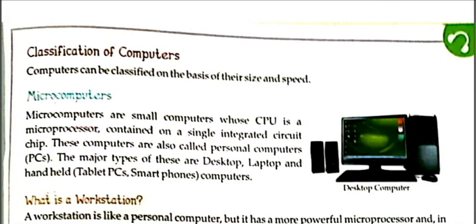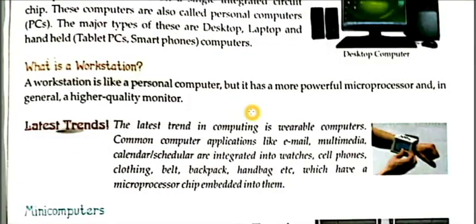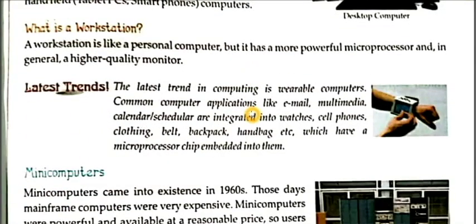The major types of these are desktop, laptop and handheld tablet PC, smartphone computers. Workstation. What is a workstation? A workstation is like a personal computer, but it has a more powerful microprocessor and in general a higher quality monitor.